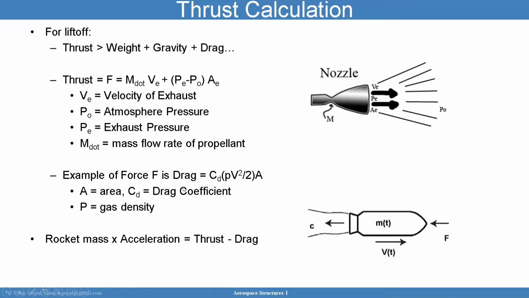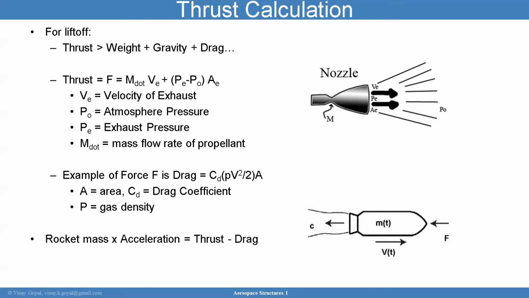The drag coefficient is typically found through wind tunnel testing. What you want to do is make sure thrust overcomes gravity, weight, plus this drag calculation. The rocket mass times acceleration, ma, equals thrust minus drag. In essence, you want sufficient thrust to overcome drag.